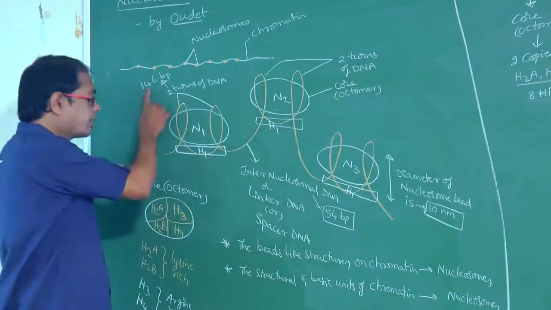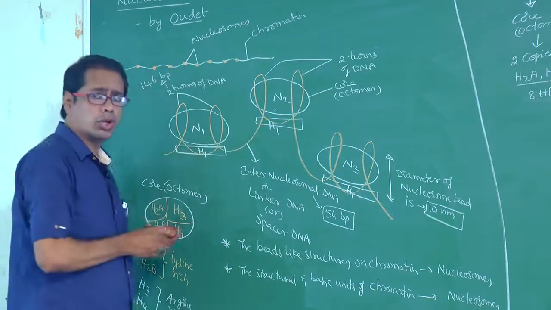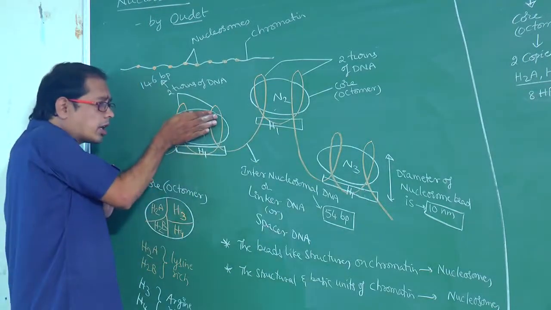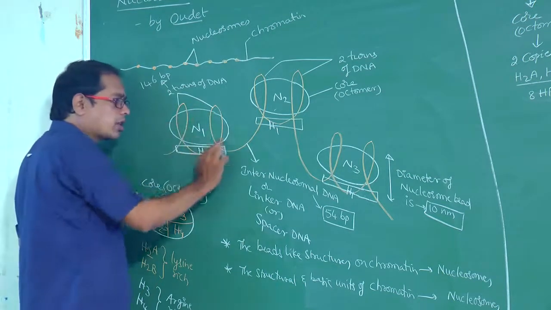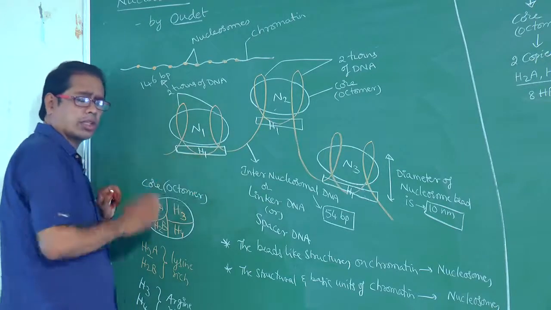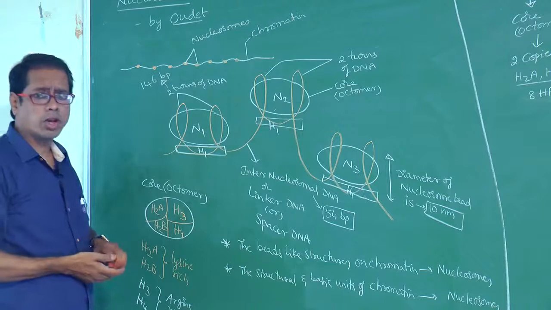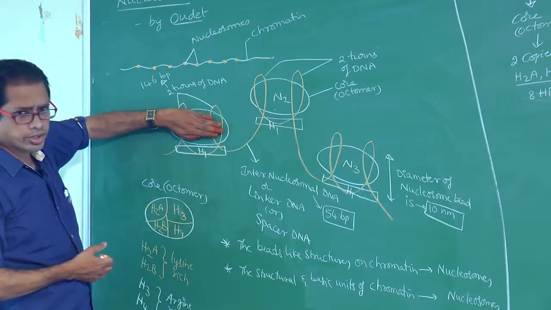So both 146 and 54 together are called nucleosome. So nucleosome contains, centrally located, the core or octamer, two turns of DNA, and outside the core, H1. Number of histone proteins in core or octamer means 8 histone proteins.